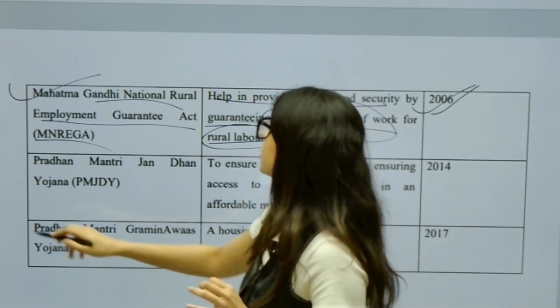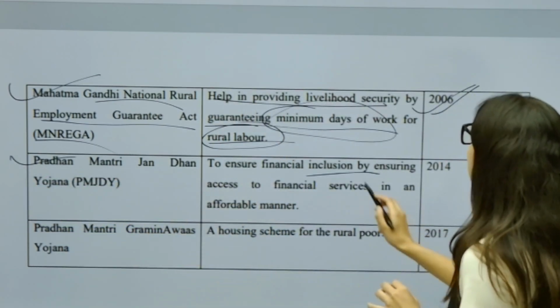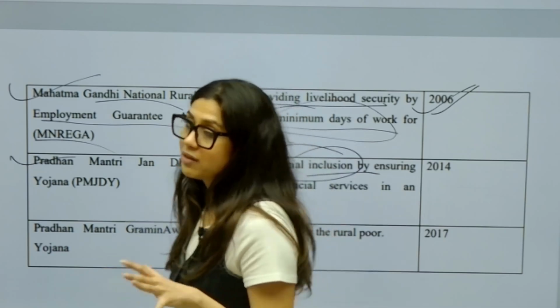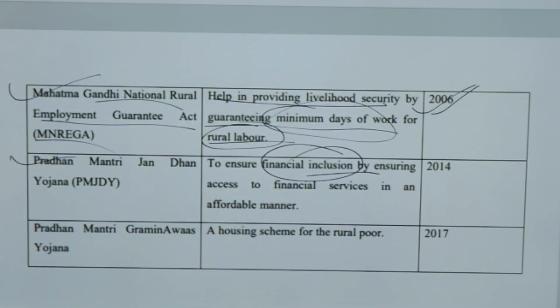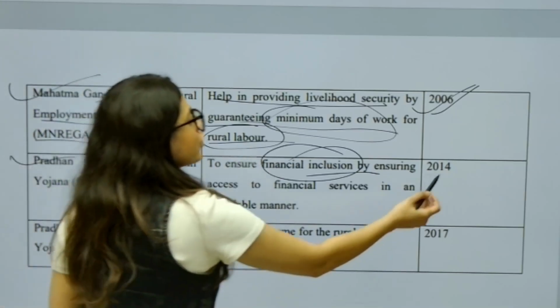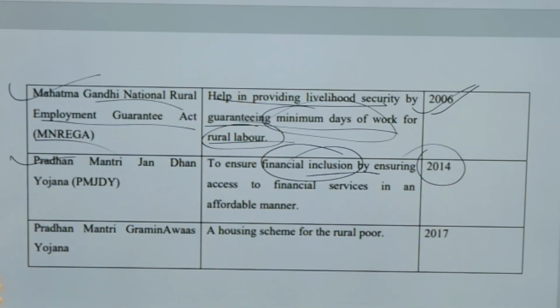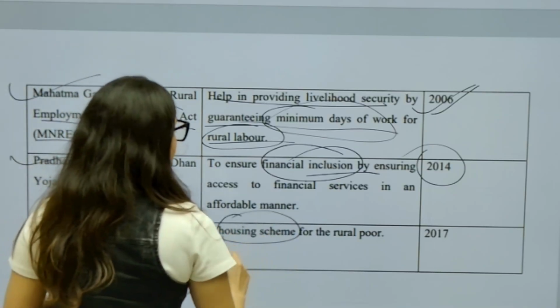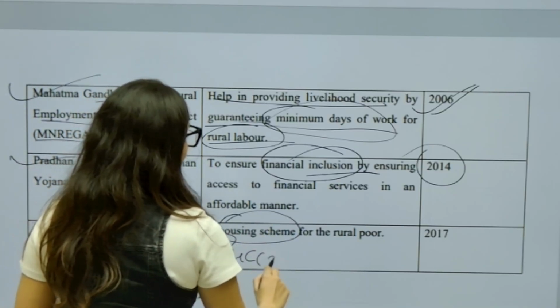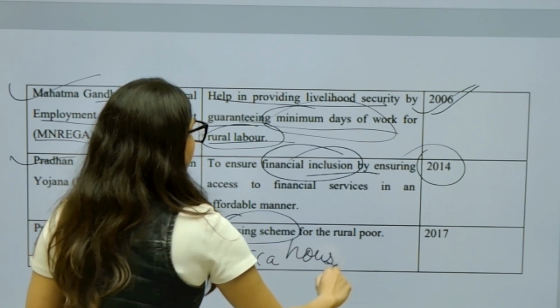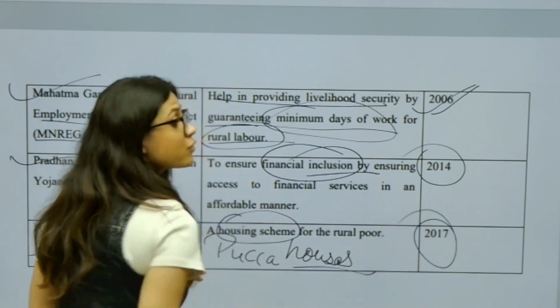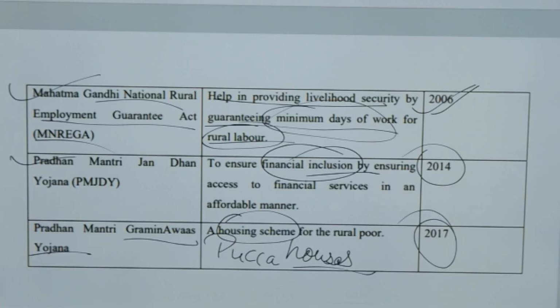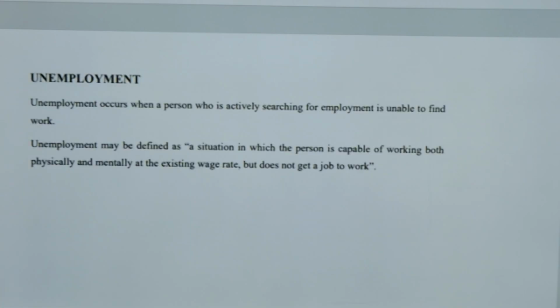Then Pradhan Mantri Jan Dhan Yojana, to ensure financial inclusion, so that everyone is included in the financial system with access to financial services in an affordable manner, introduced in 2014. Next is Pradhan Mantri Gramin Awas Yojana, a housing scheme providing pakka houses, introduced in 2017.